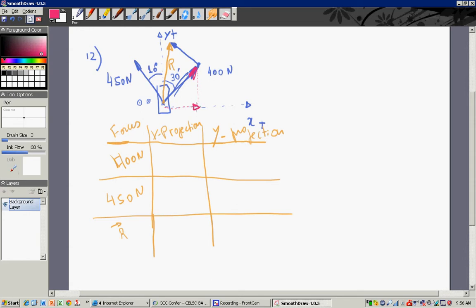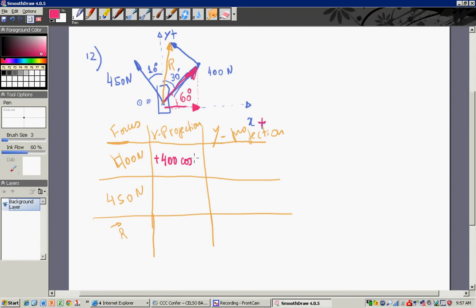Based on the fact that the head of the projection of the 400 Newtons force points to the positive direction, my projection will be plus the magnitude of it, cosine of the angle between the force and the axis.